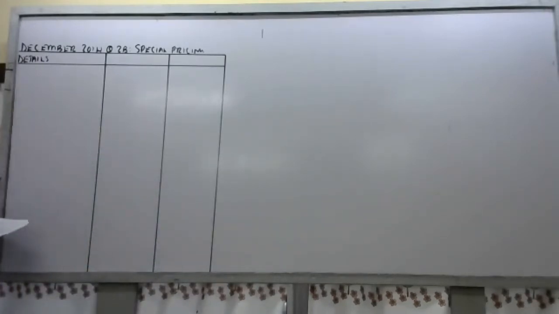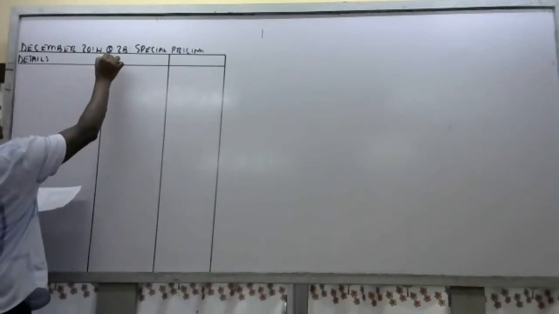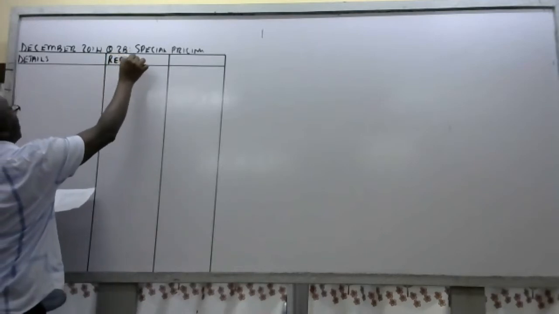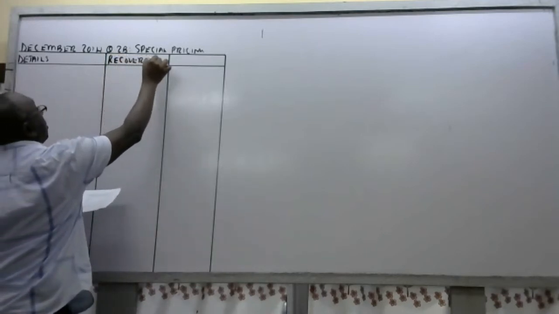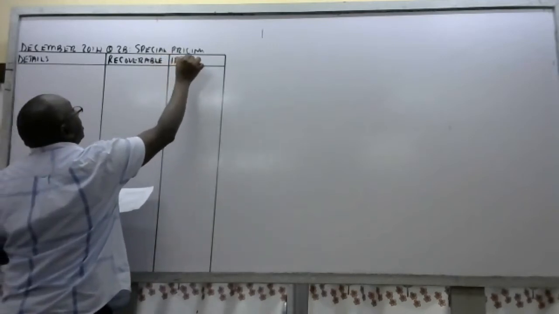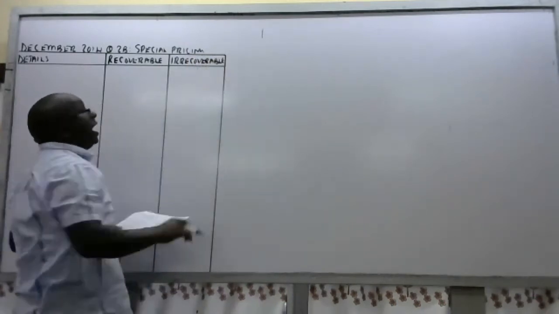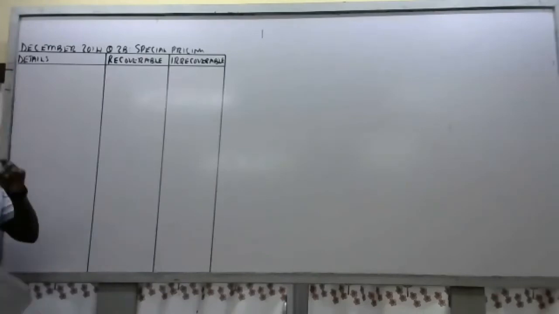So in this table, we have details. The first one is recoverable. The second one, we call it irrecoverable.